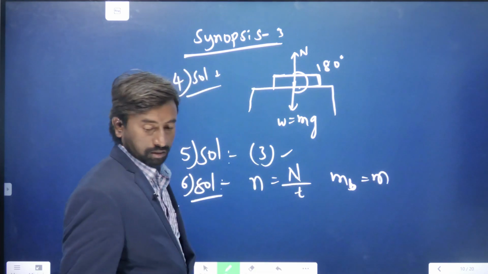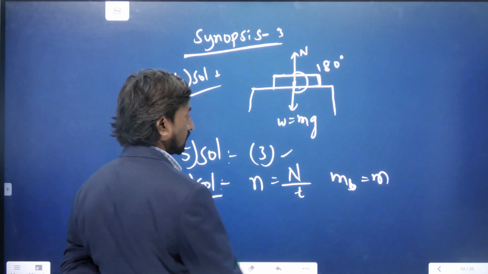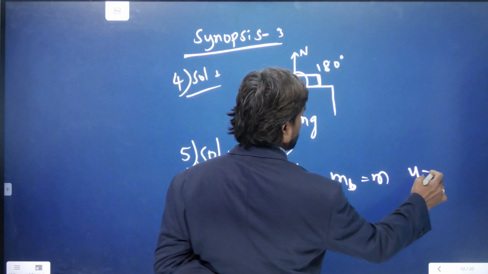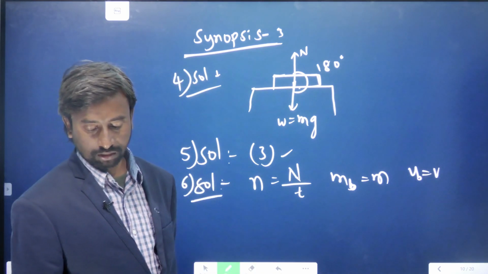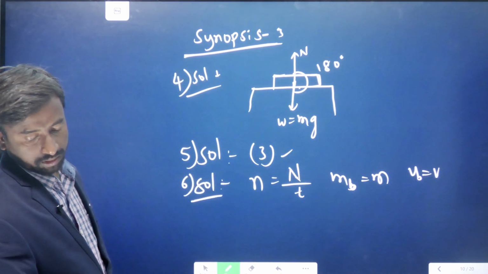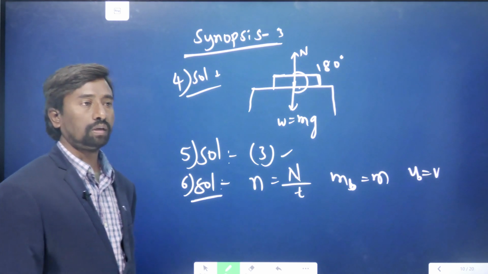Each bullet is moving with velocity v. What they are asking is the force exerted by the bullet on the gun.